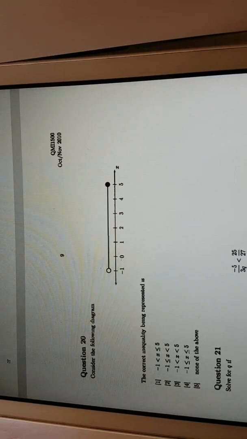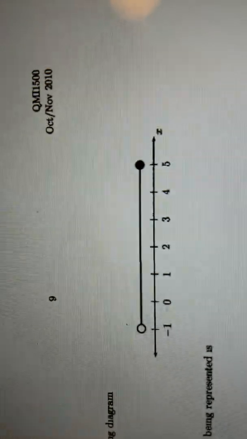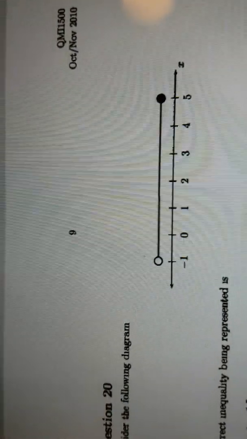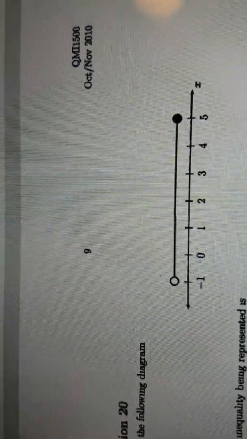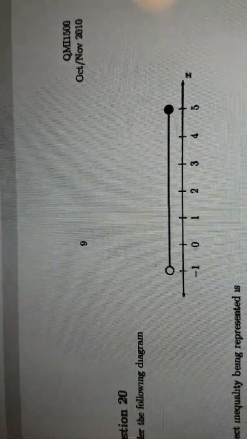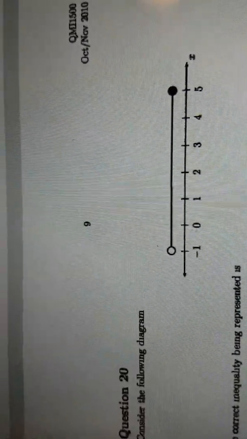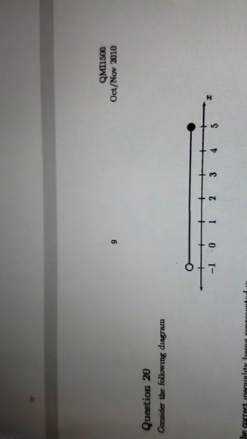the correct inequality being represented here is, so this is the number line, guys. This one is a number line. So it's starting from -1 going to +5. So what I can tell you about the number line is that we move from the left side to the right side.